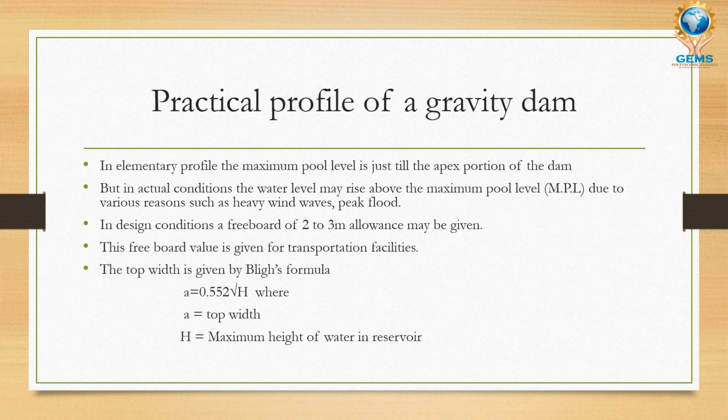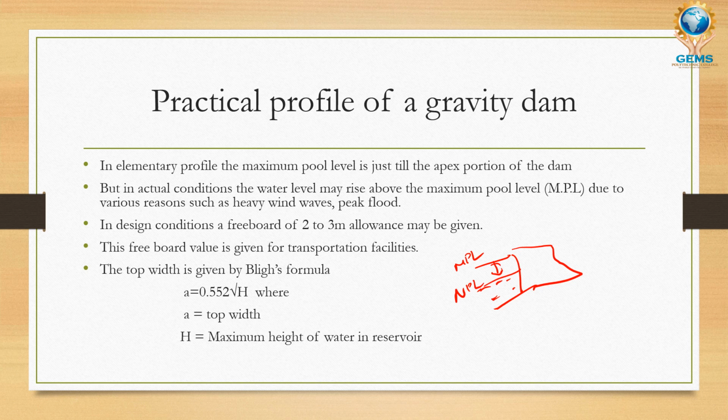In design conditions, a freeboard of 2 to 3 meters is considered, as I explained in the previous slides. This is a gravity dam, this is the normal pool level where the water is, and this is the maximum pool level.